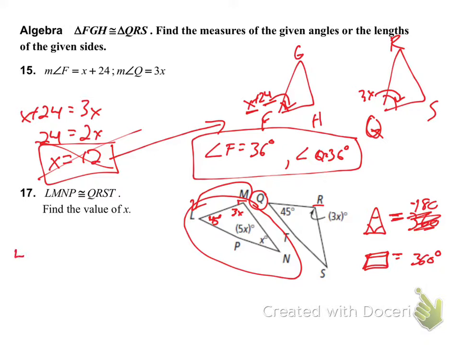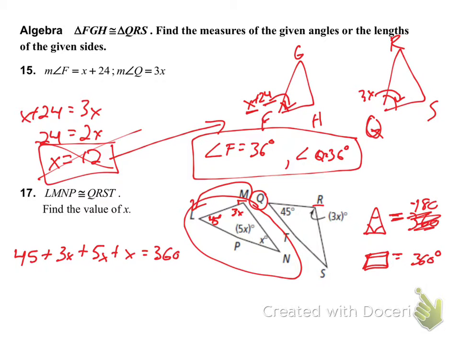So if I do 45 plus 3x plus 5x plus x, so I'm just adding all of these angles on the inside, I can set that equal to 360.